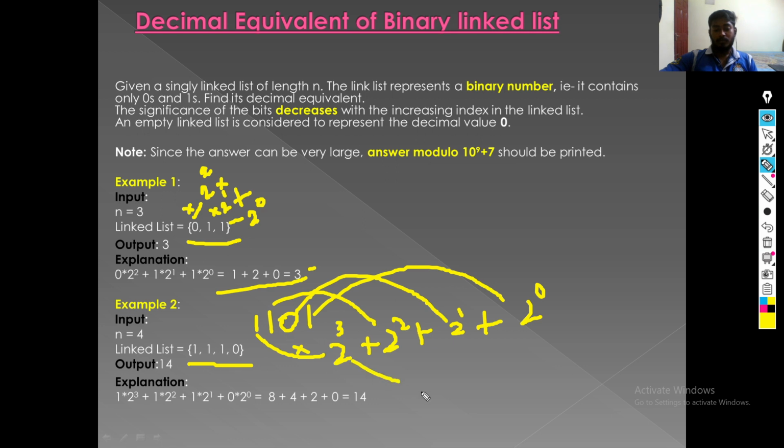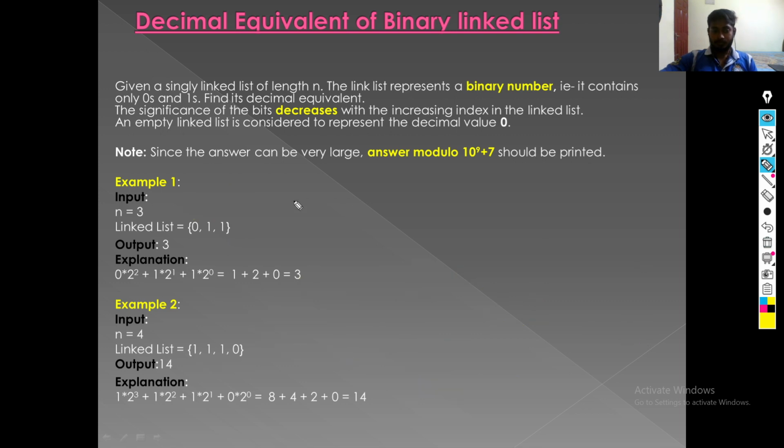This value gives 8. This value gives 4. We are multiplying 2 to the power of 1 with 0, so it equals 0, plus 2 to the power of 0, which gives 1. So the overall value will be 13. This is how binary conversion works.